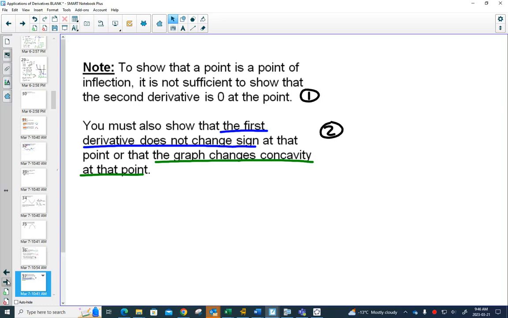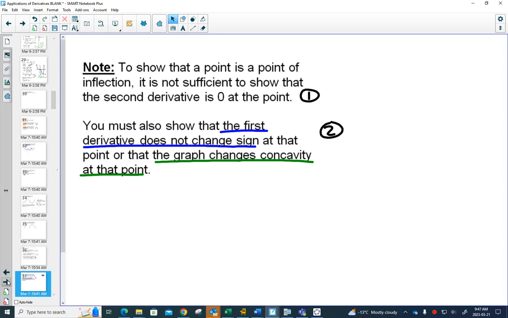Okay. So, if the first derivative doesn't change sign, and the second derivative is equal to 0, that one I feel you really have to think about a long time to make it make sense to you. So I think you will like what I've underlined in the green as your second reason better. Because I think it makes more sense intuitively.